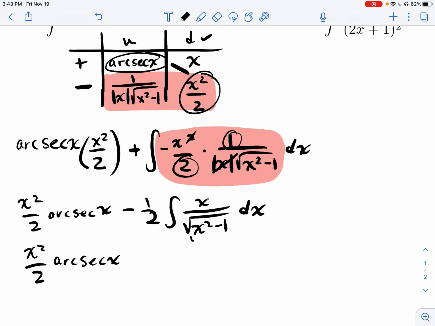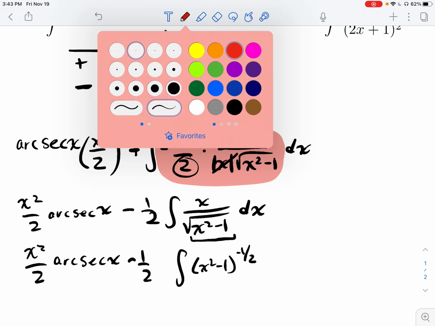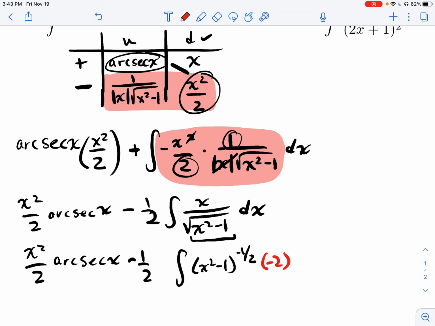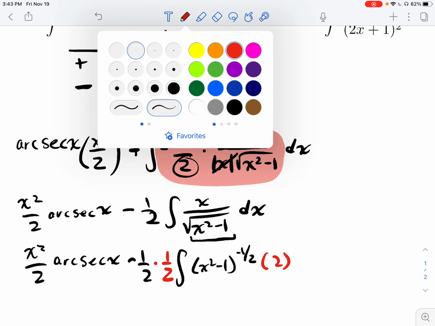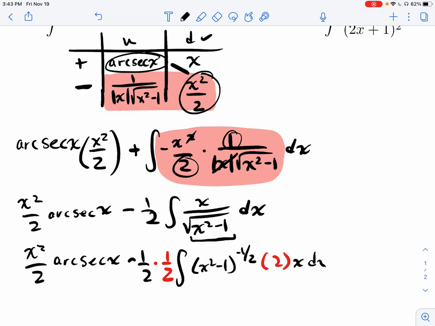And let's see, the derivative of this would be 2x. So I can write this as minus 1/2 integral of x squared minus 1 to the negative 1/2 times 2x dx.